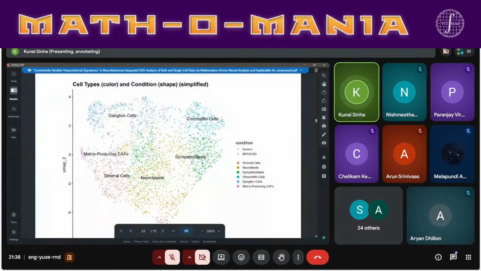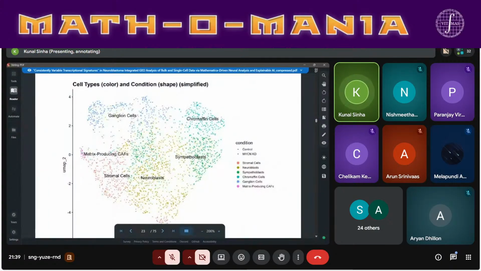Neuroblastoma is a cancer that can occur anywhere in your nervous system. It is mostly a cancer that appears in children of age 2 to 3 years. It's very rare for it to occur in older people and older kids. So it's mostly a pediatric cancer that is actually very deadly.